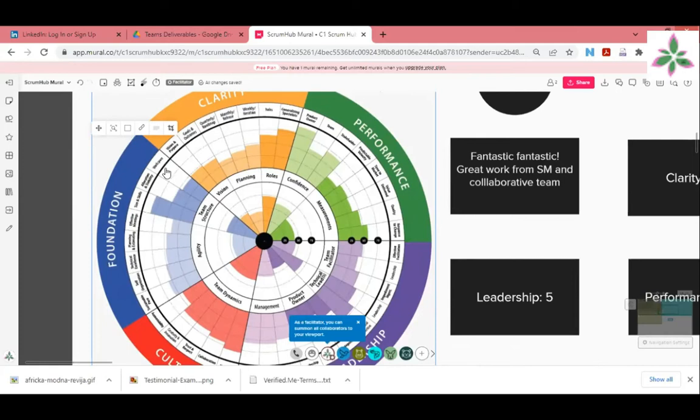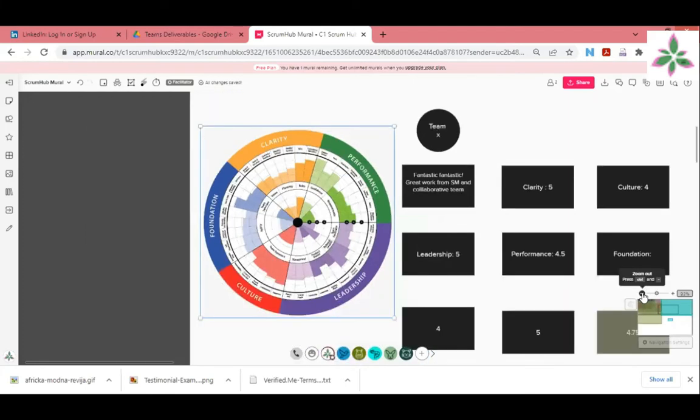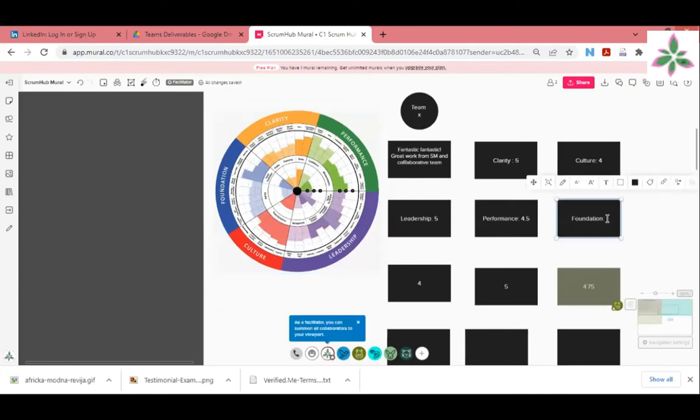In terms of the number of people, do you feel like 5 people was enough for them to get this done? What do you feel about the workplace for Team X? Scale of 1 to 5, 5 being the highest. Okay, someone put 4.75 for foundation. Okay, that brings us to the end of this agility radar. Thank you everyone for participating.